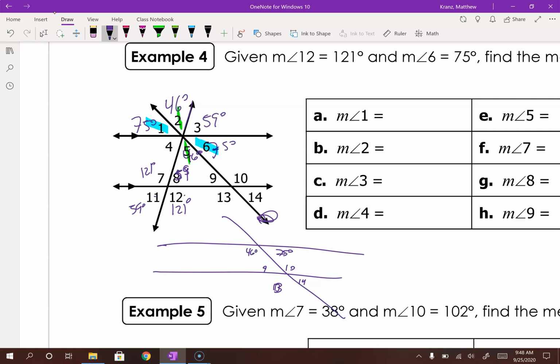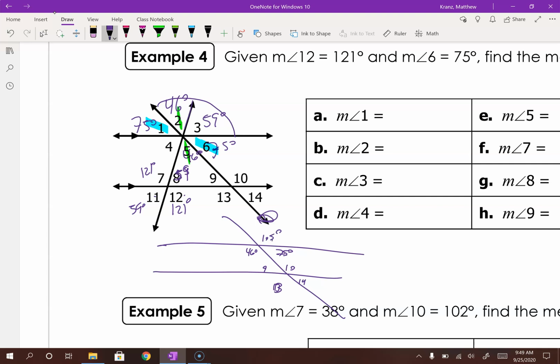Then I have this whole angle right here. 2 and 3 together is that angle. So that's our 121. No, is that 121? That is 105.